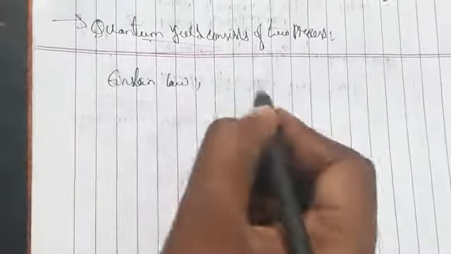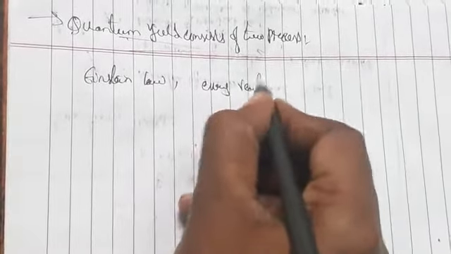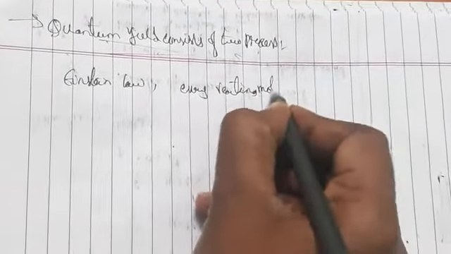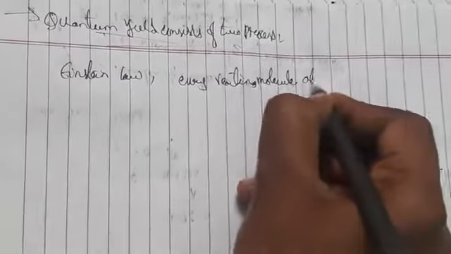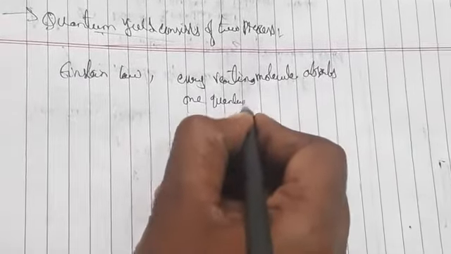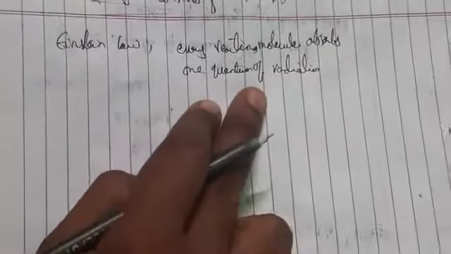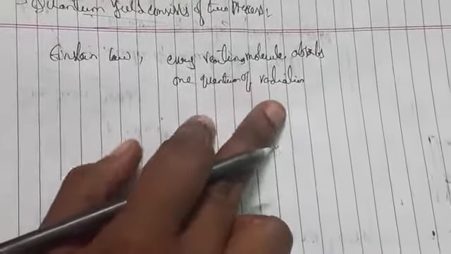So the number of reacting molecules should be equal to the number of quanta absorbed. But it is not always true.